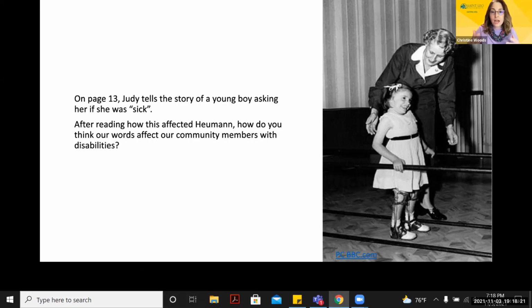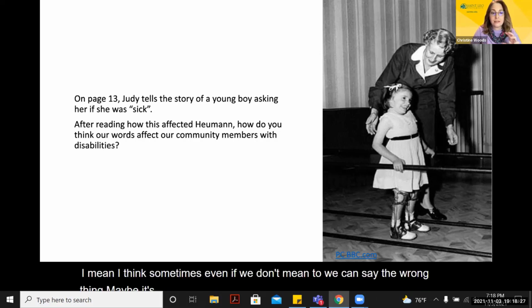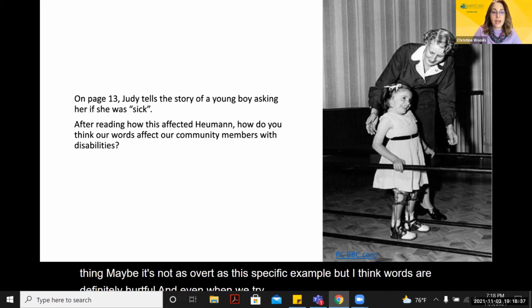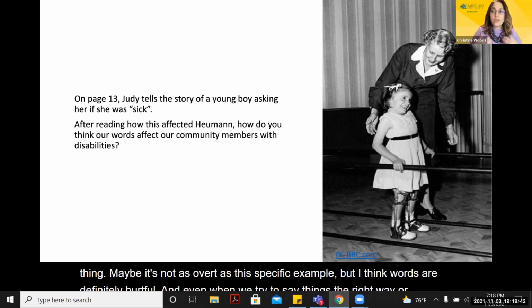I think sometimes even if we don't mean to, we can say the wrong thing. Maybe it's not as overt as this specific example, but I think words are definitely hurtful. And even when we try to say things the right way, we can make mistakes.